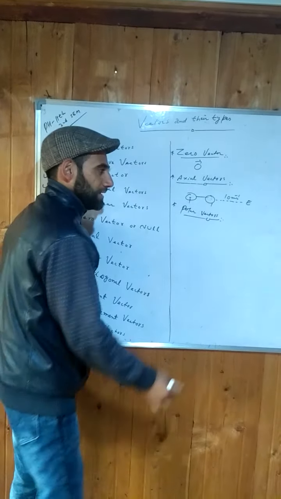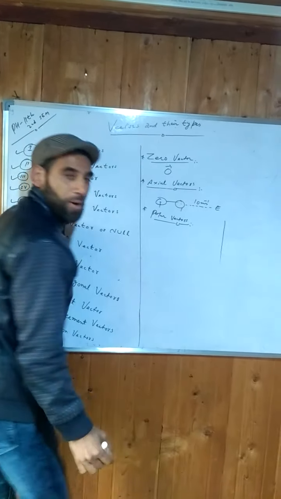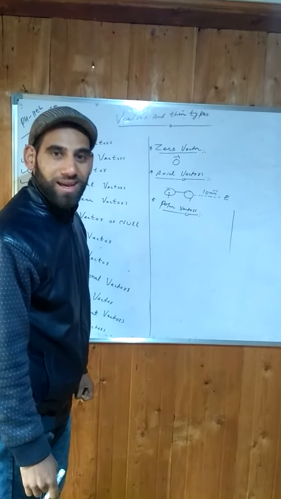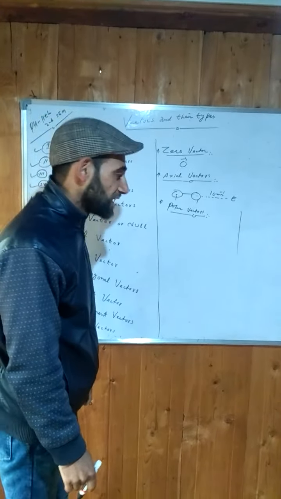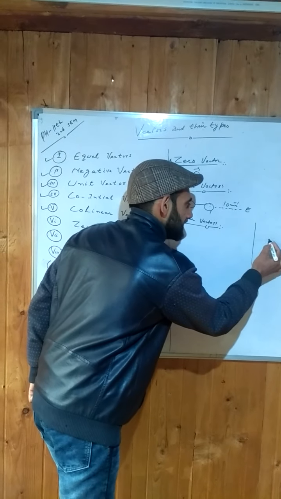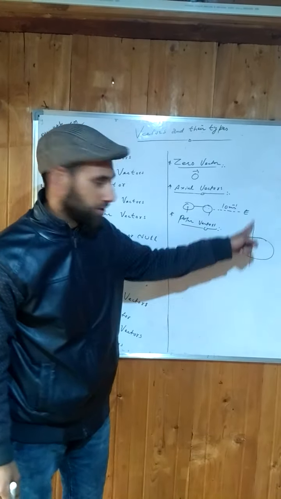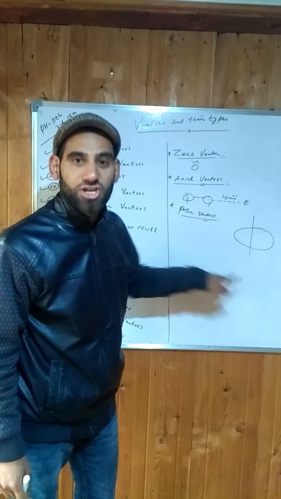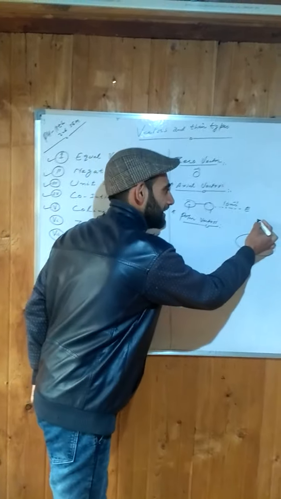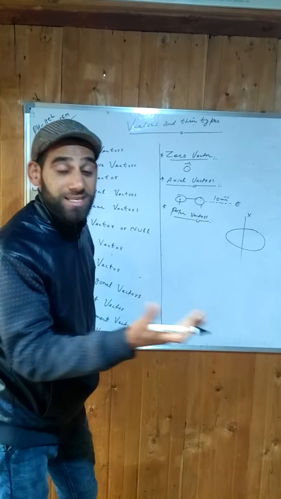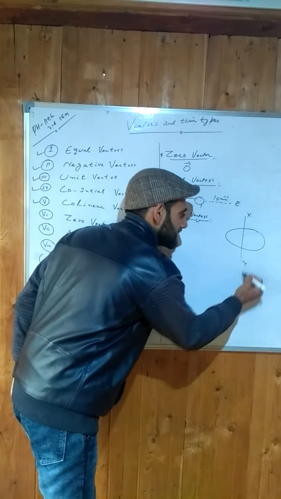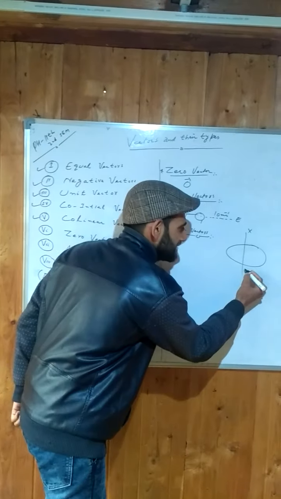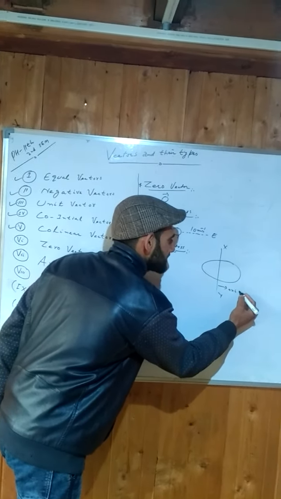Let me elaborate. If a body is moving with some angular velocity in the anti-clockwise direction around some axis, that is the axis of rotation.